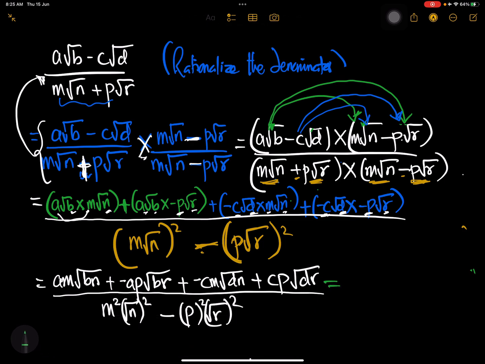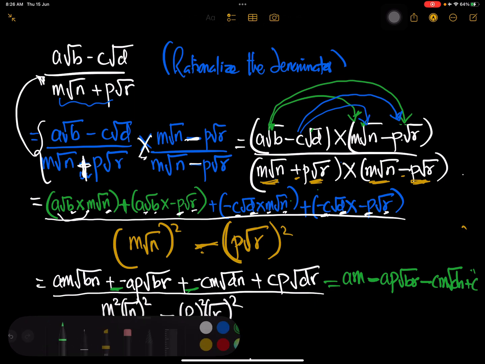At the numerator, we can have am. You know, the plus and the minus will just become minus. We're not multiplying, we are adding. When you add positive and negative, you're going to get negative. So minus ap square root of br, minus this and this will give you minus cm square root of dn, plus cp.